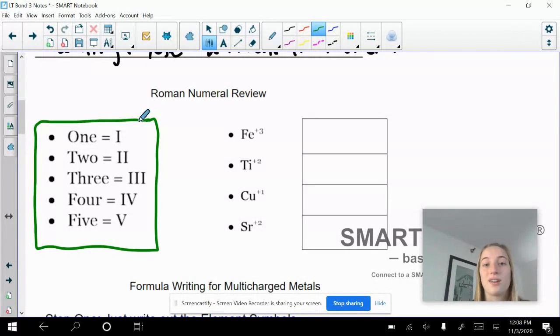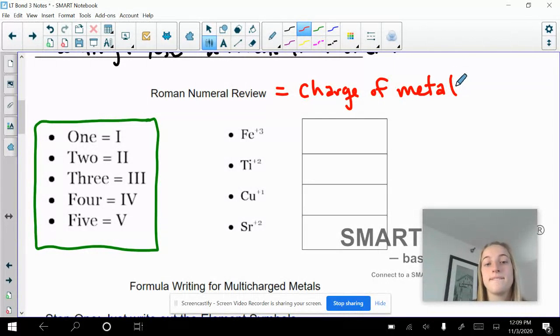What we are going to use our Roman numerals for is to help us represent our charge. So our Roman numerals are going to be equal to the charge of our metal. So for our first example, we have Fe with a positive 3 charge, so we're going to use our positive 3.